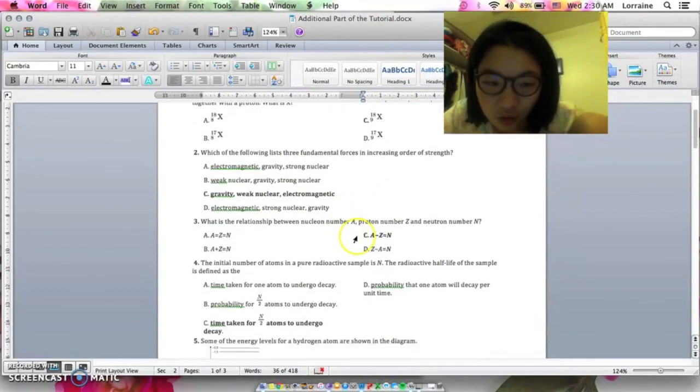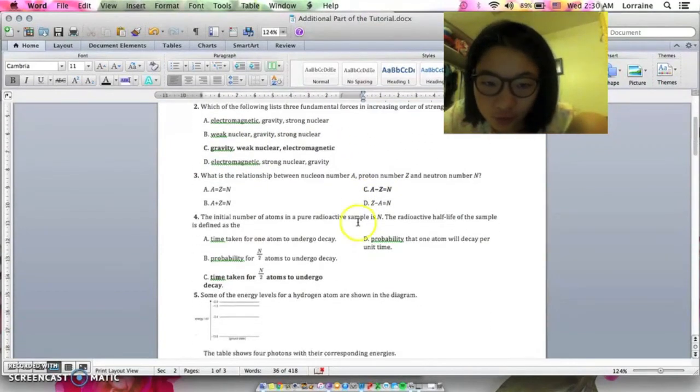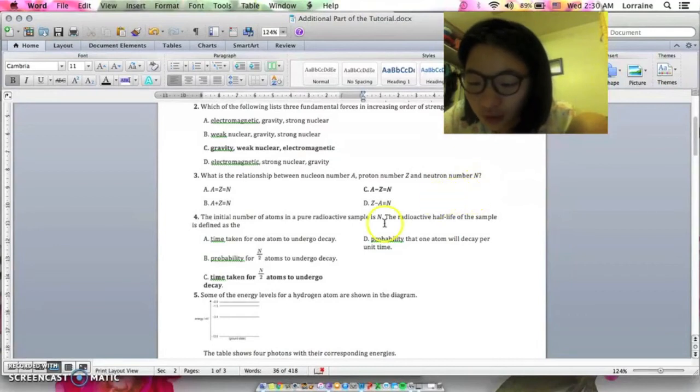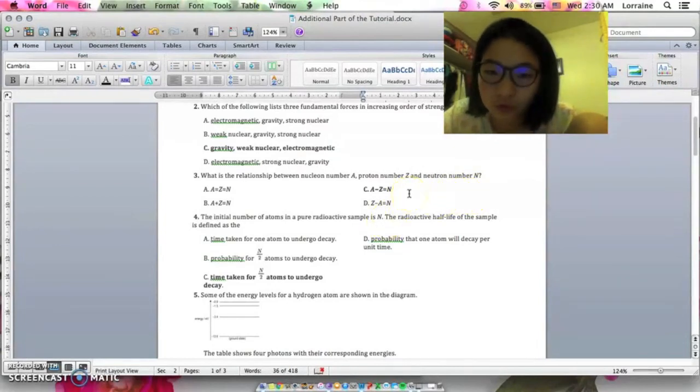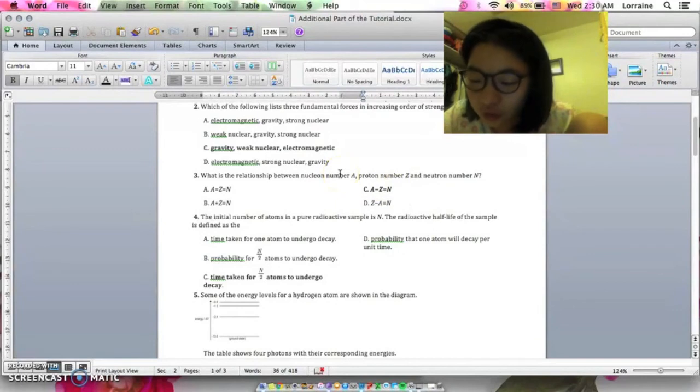Next, what is the relationship between nucleon number A, proton number Z, and neutron number N? It's normally A equals N plus Z, because the nucleon number is equal to the total number of nucleons in the nucleus of an atom.